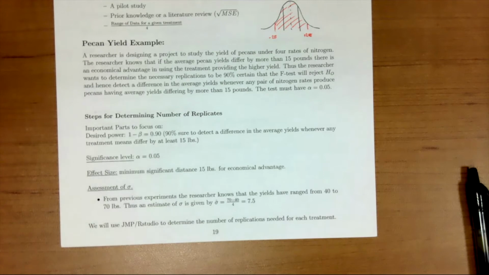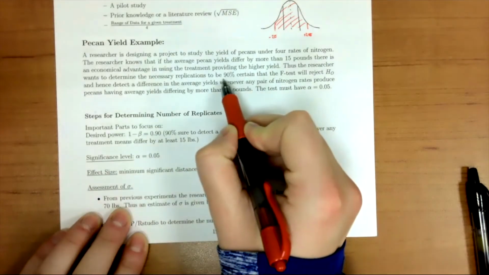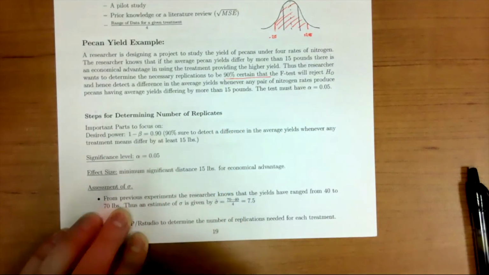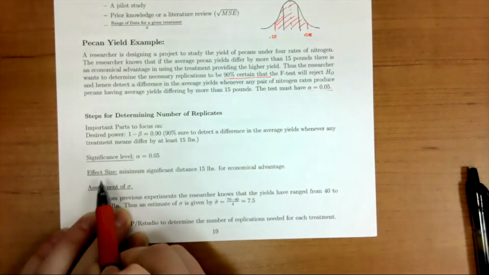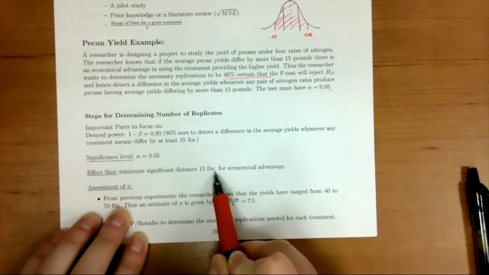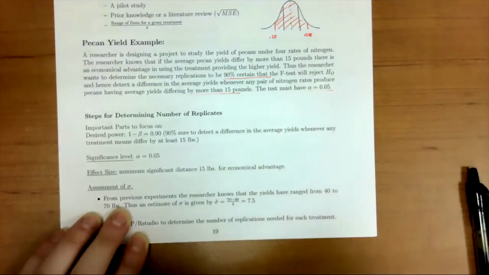So let's try to pull out all the important information from this so that we can figure out our number of replicates. Our desired power is coming from this statement right here. So we know we want power to be 0.9. Our alpha rate, we're told. Our effect size, a minimum significant distance of 15, is coming from here and up there technically.